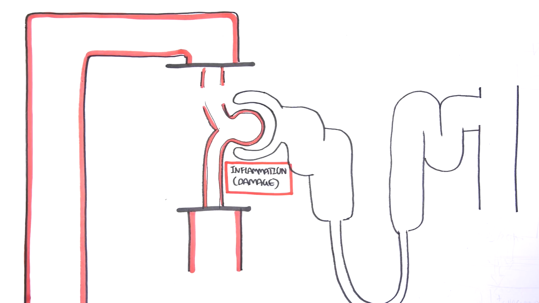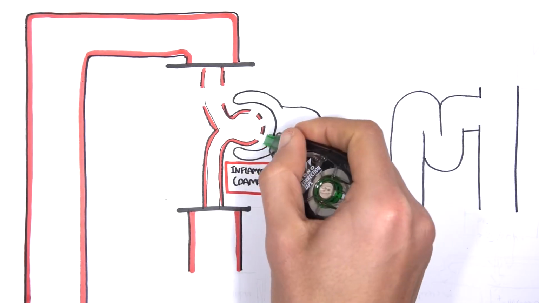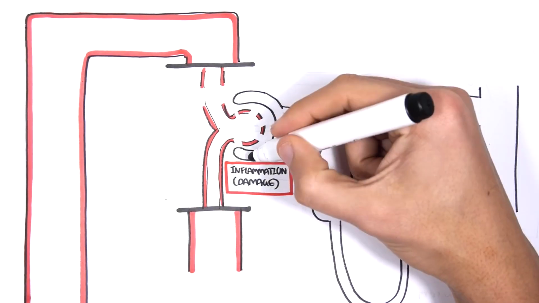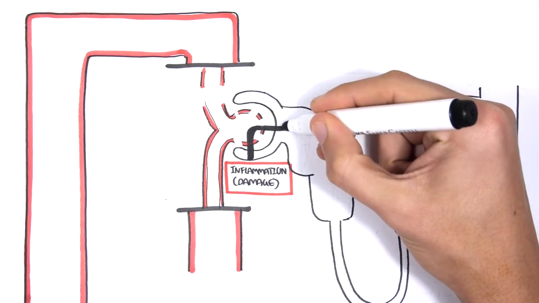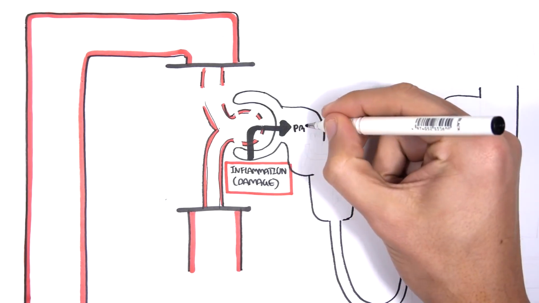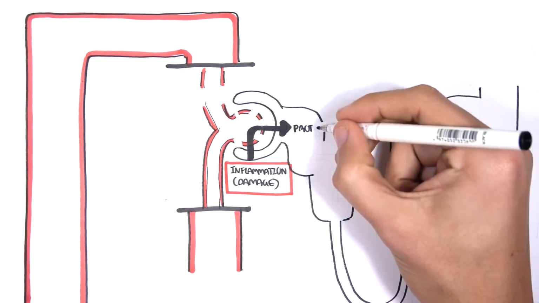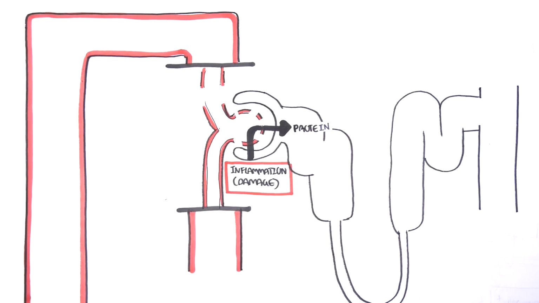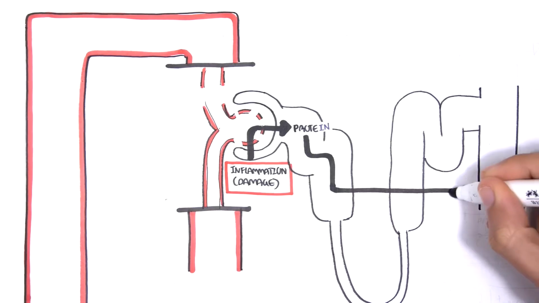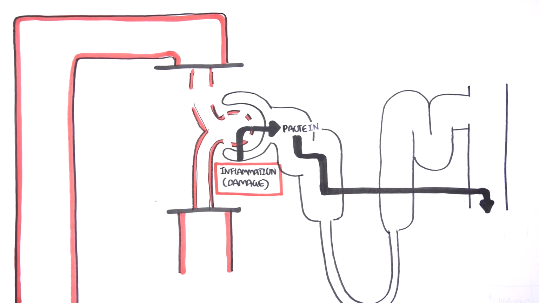Whatever the cause, it results in damage and inflammation, specifically to cells called podocytes, which normally help prevent protein loss. So podocytes are damaged within the glomerulus, and this damage will allow proteins to pass through into the nephron's tubule. And remember, this usually should not happen. And so the protein travels through the nephron's tubule and will be part of urine.